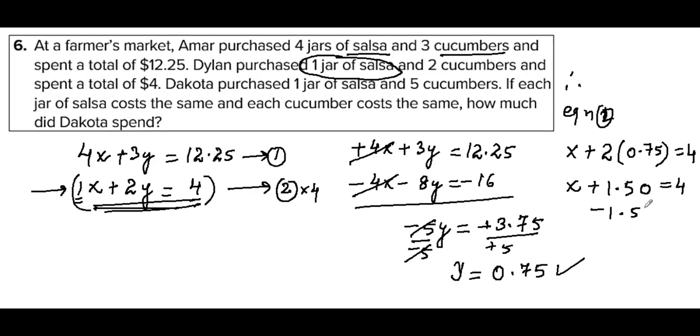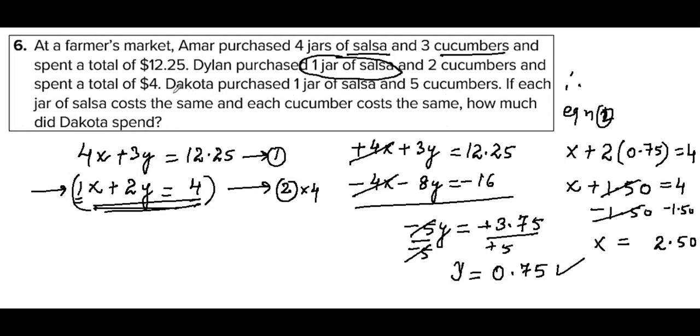Minus 1.5 on both sides. What you will get? x is equal to 4 minus 1.5, which is 2.5, or 2.50 you can write, your choice. So we got the value of both the variables, that is 2.5 and 0.75.